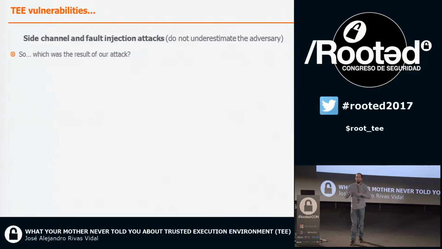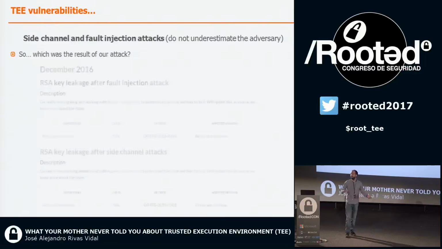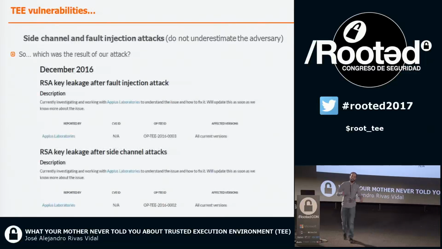It would be missing here some anticipation device with music or drums or whatever, but what happened was that we managed to breach the implementation of RSA with a fault injection and side channel attack in the platform that I've mentioned.